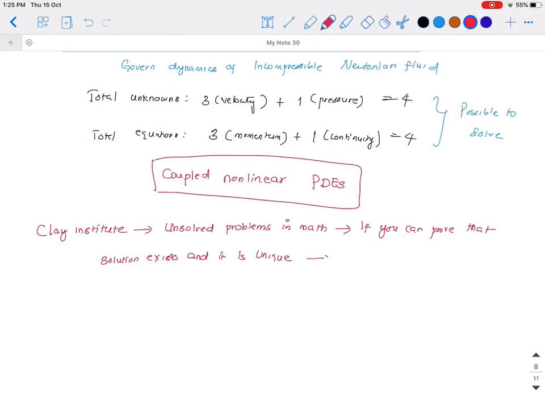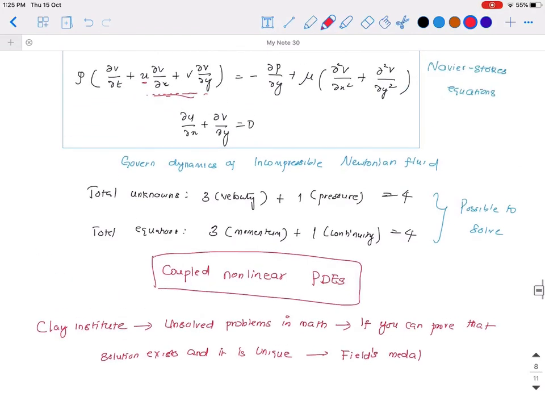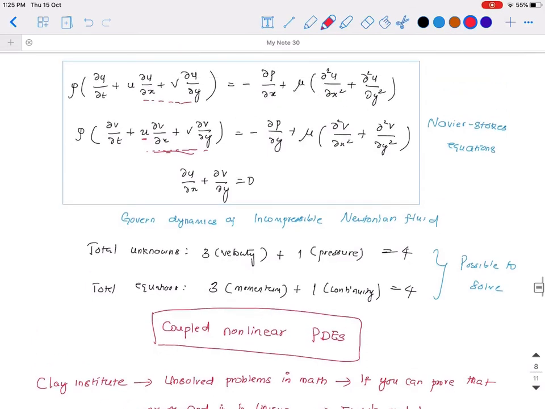And also, I think most probably you will receive the Fields Medal. Do you know what a Fields Medal is? You can Google it. It's the equivalent of the Nobel Prize for mathematics. So we have derived one of the most important equations in fluid mechanics here. Take as much time as you need to understand each and every step involved in the derivation.